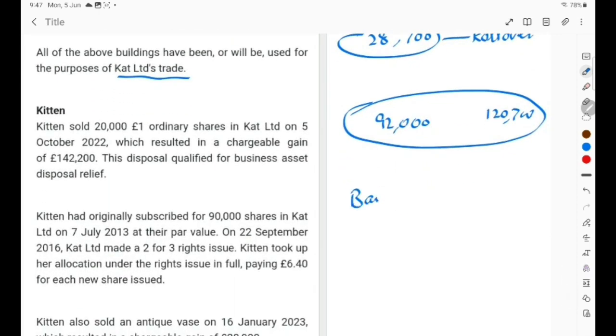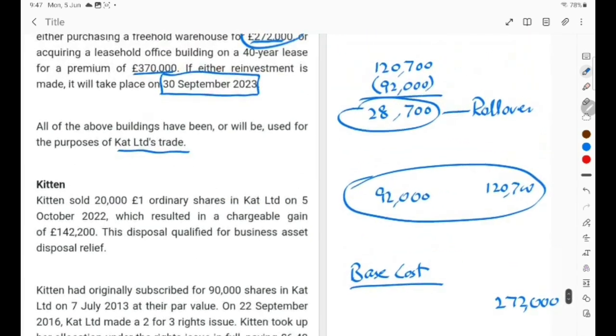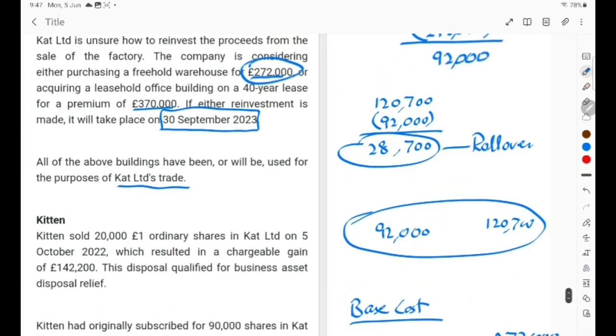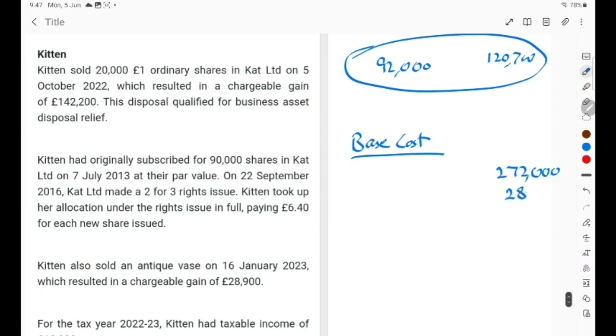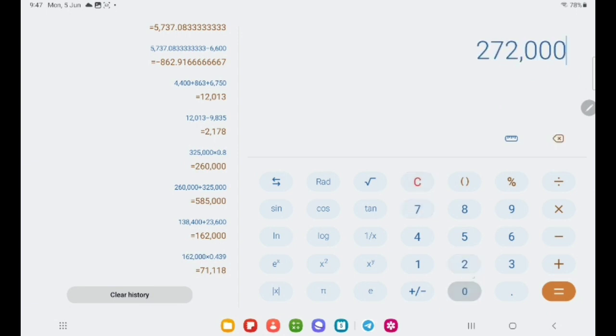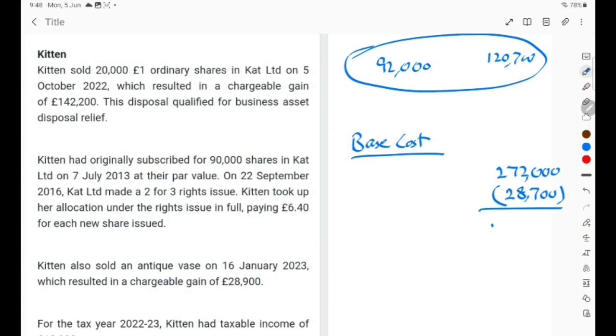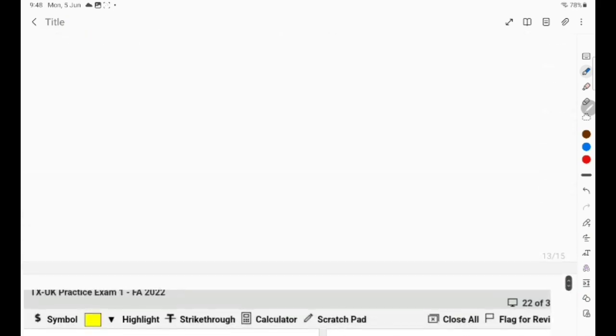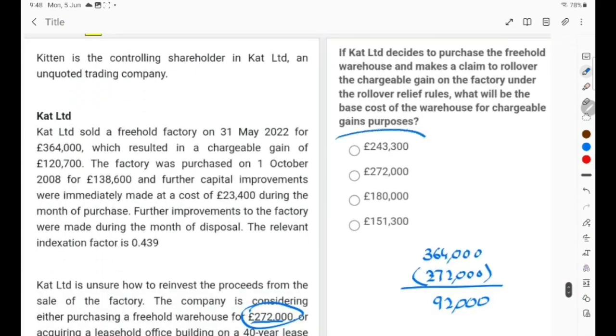To calculate the base cost, we deduct this rollover relief from the cost of the new asset. The cost of the new asset is 2,72,000, and when you deduct 28,700 from this, it is 2,43,300. That is your answer, the base cost of the new asset. So the option is A.